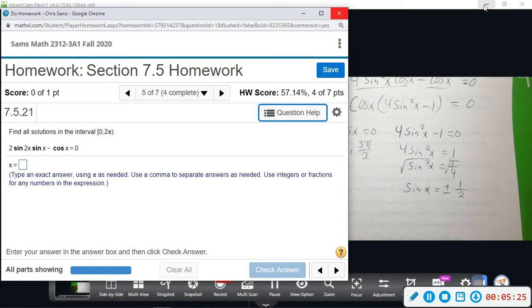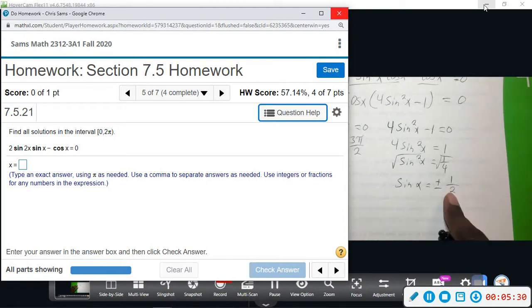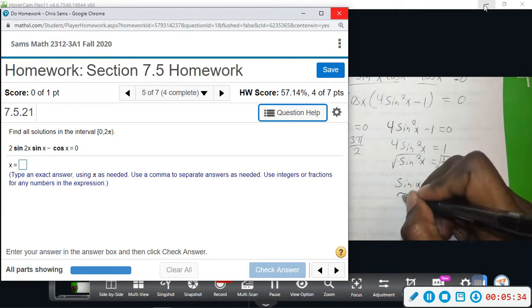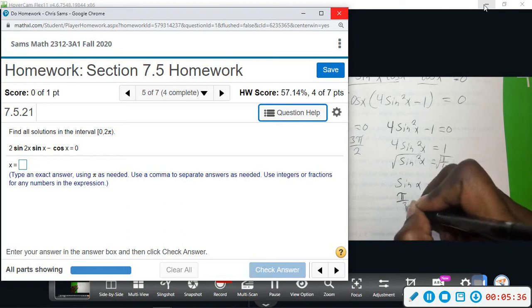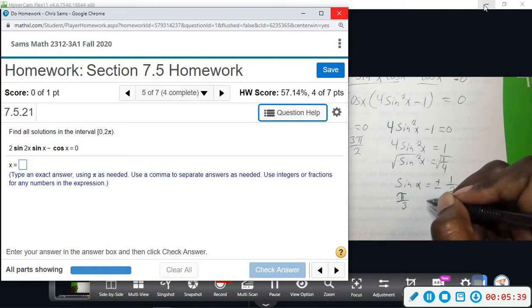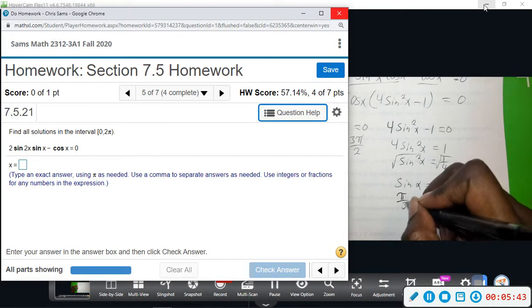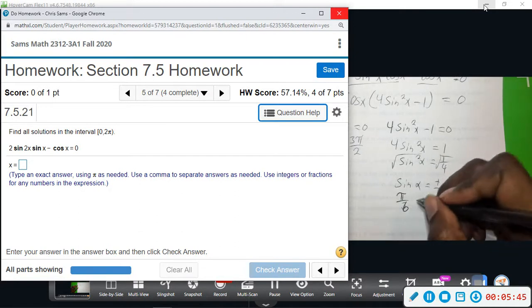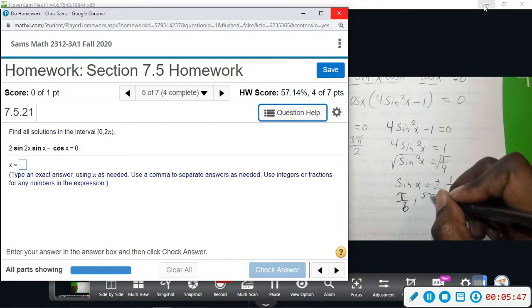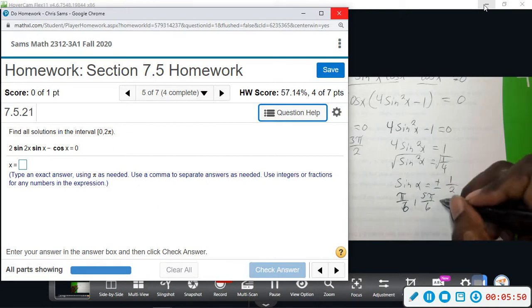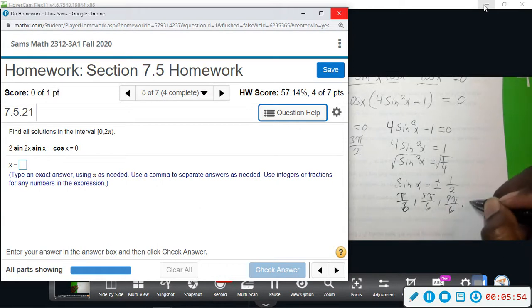Alright, so the sine values from the unit circle that give you positive 1/2 or negative 1/2 are pi over 6, and then 5 pi over 6, and then 7 pi over 6, and 11 pi over 6.